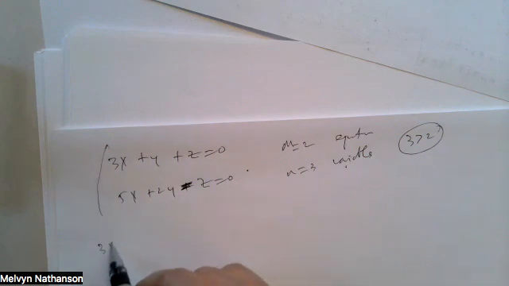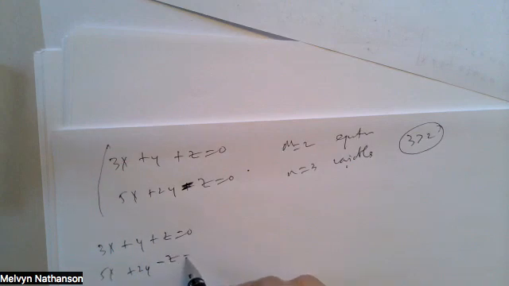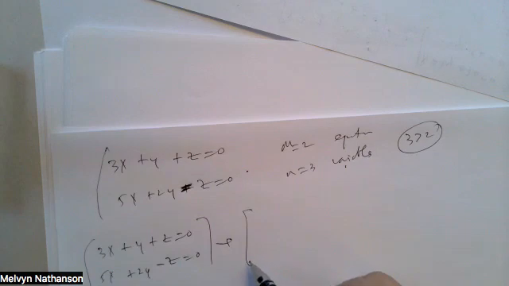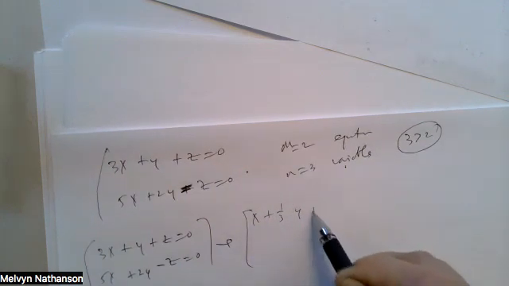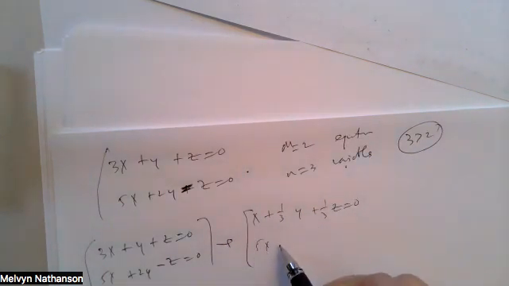I'll use Gaussian elimination again. It's supposed to work. So I multiply the first equation by a third. And here's the second equation.